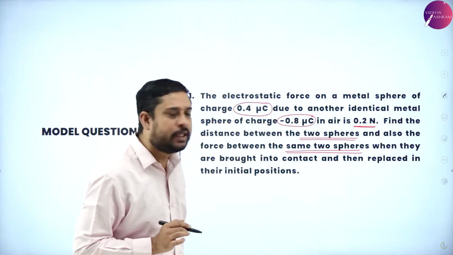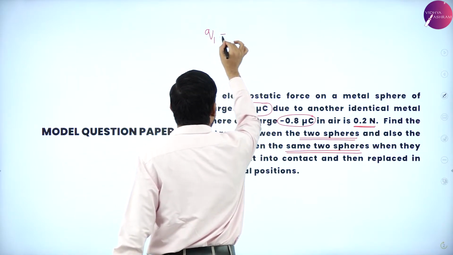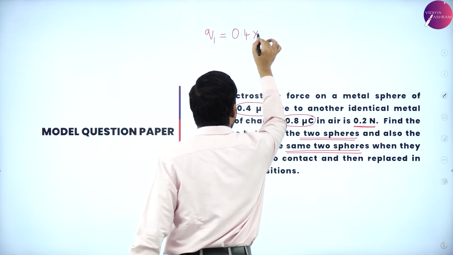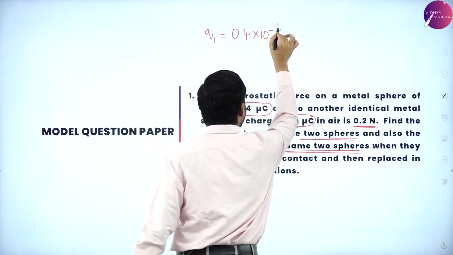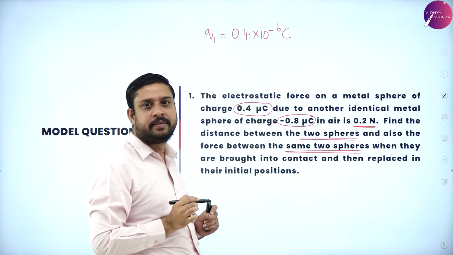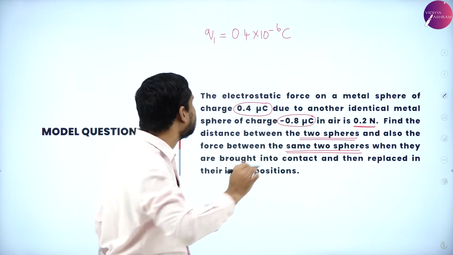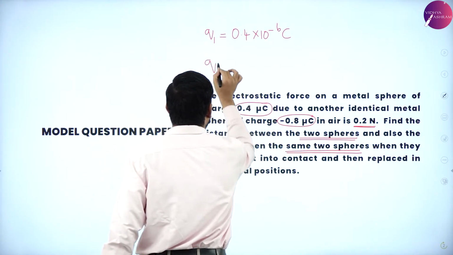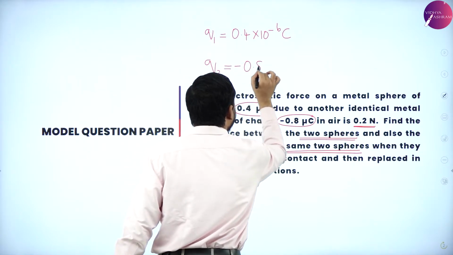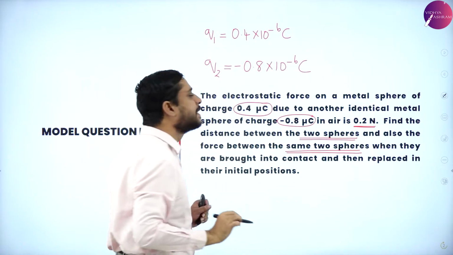Now let us take down the data. The magnitude of the first charge is 0.4 into 10 power minus 6 coulomb, and the magnitude of the second charge Q2 is minus 0.8 into 10 power minus 6 coulomb.